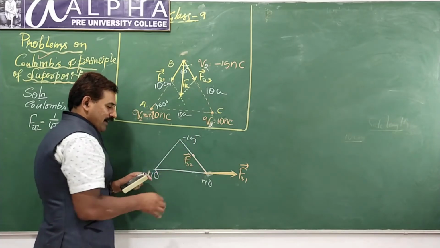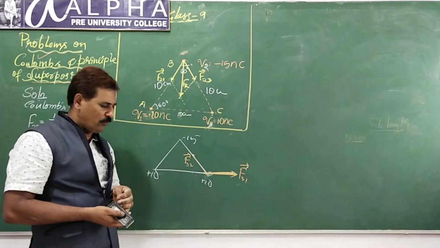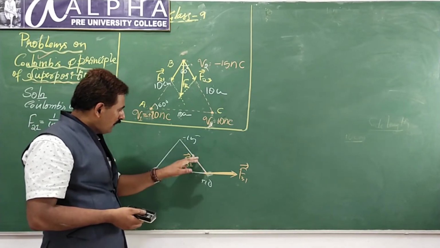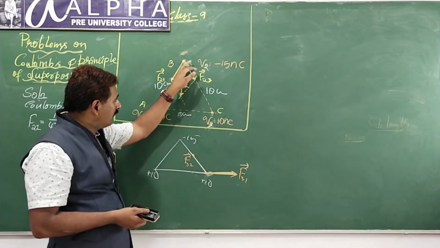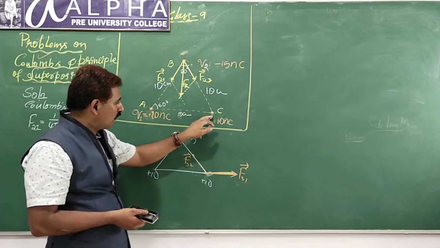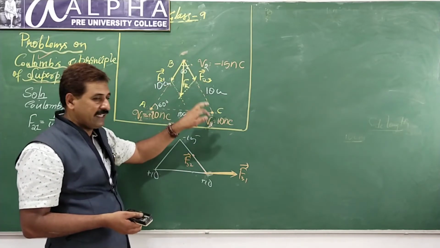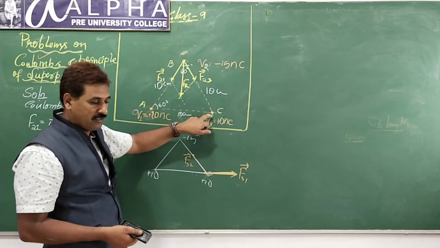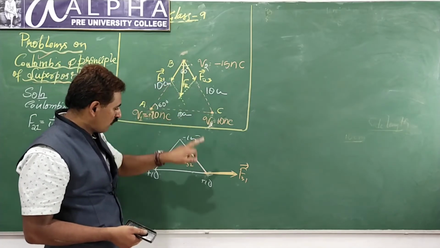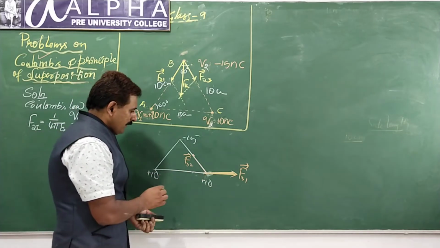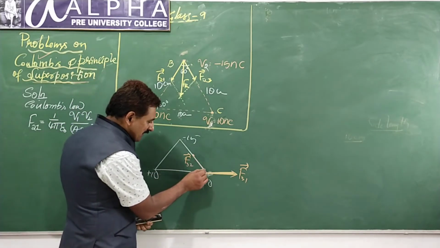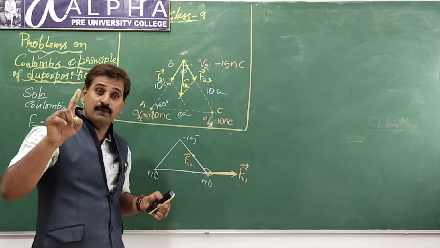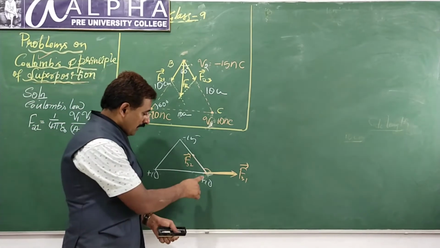That's it. Students, the value remains the same. Whatever value you find here, the force on this will be equal to the force on this. Action, reaction. Third law: for every action, there is an equal and opposite reaction. Force on this is action, force on this is reaction, that's it, they are equal. But direction, see, now this angle is obtuse. Obtuse means more than 90 degrees.